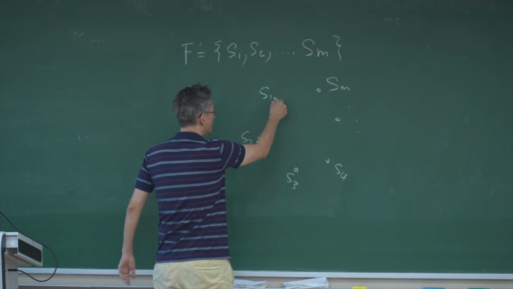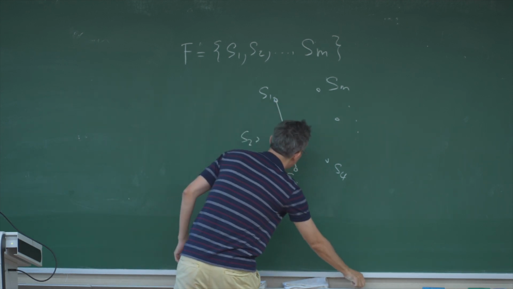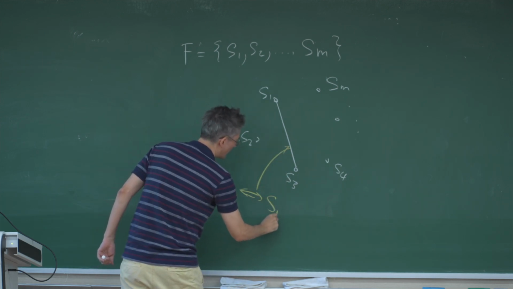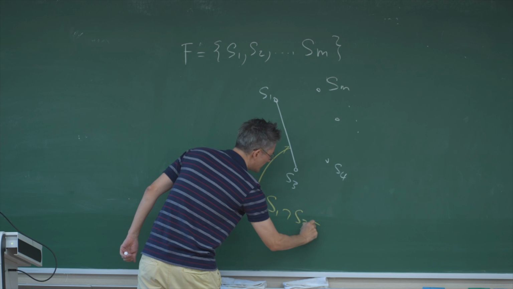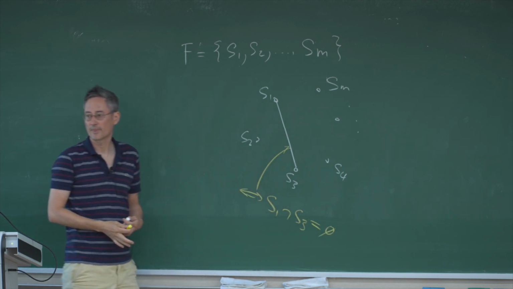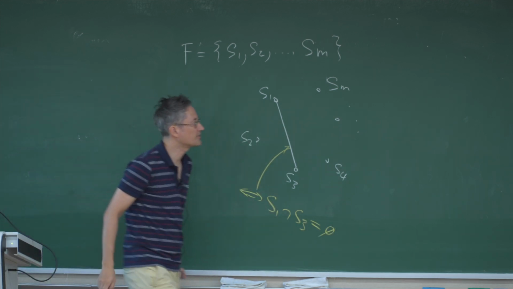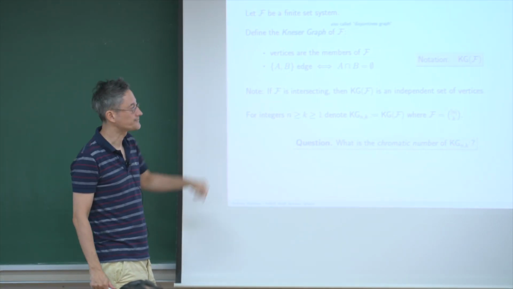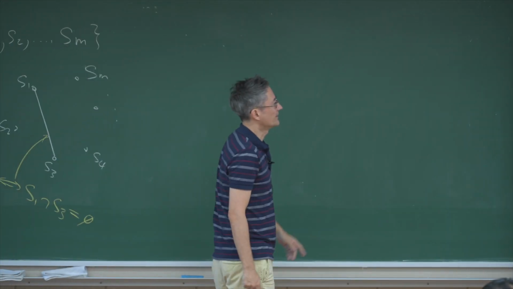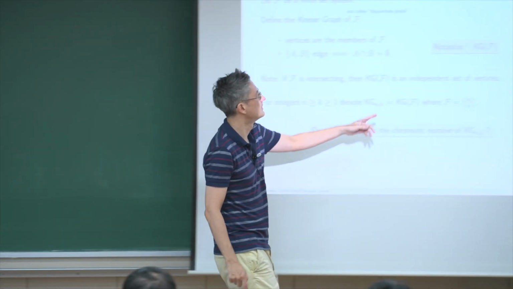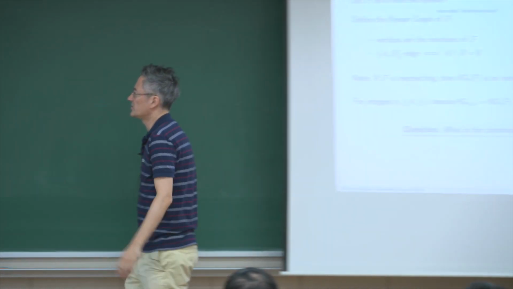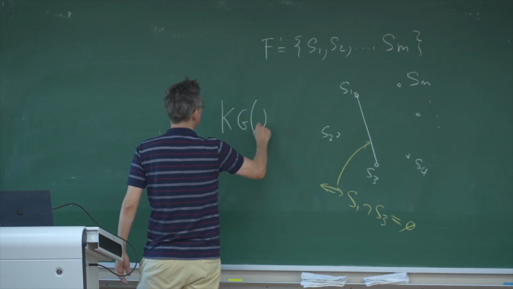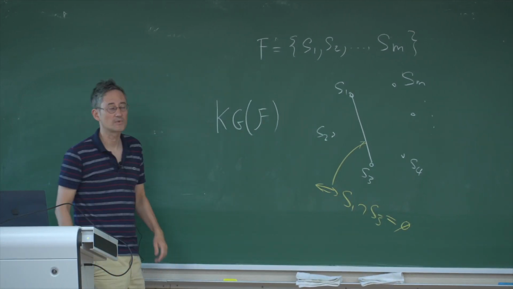Okay? So this edge is here. This is if and only if S1 intersect S3 is empty. Okay? And so this is called the Kneser graph of the family F. And yeah, there's some notation here. KG. So that just means Kneser graph of F. Like this. Okay?